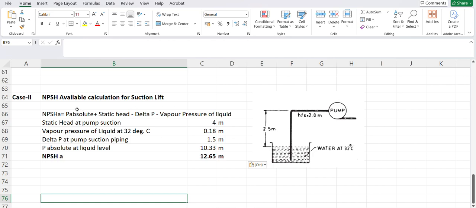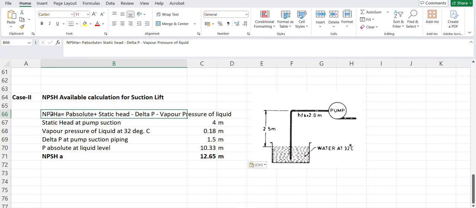To calculate NPSH available in such cases, P absolute remains the same, as it is at atmospheric condition. Instead of static head, we have to subtract the suction lift here, because we need additional energy to lift that liquid. Hence we have to subtract that.